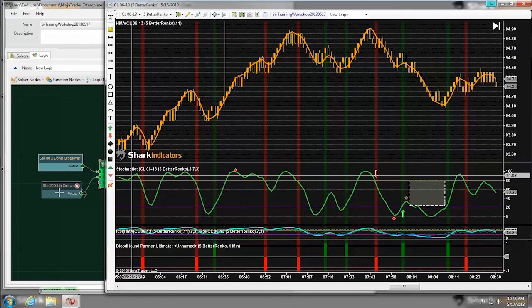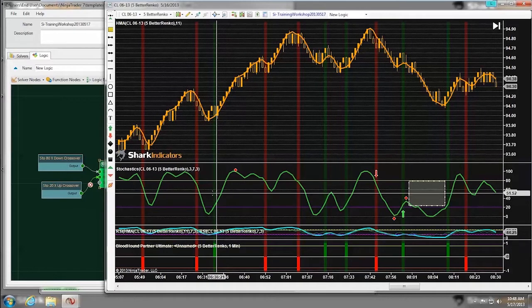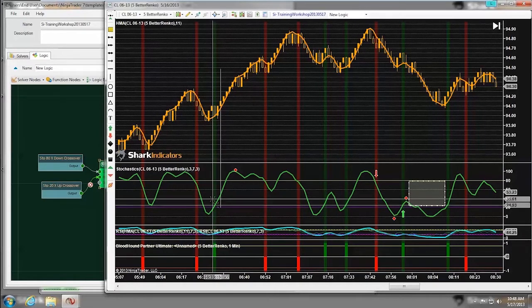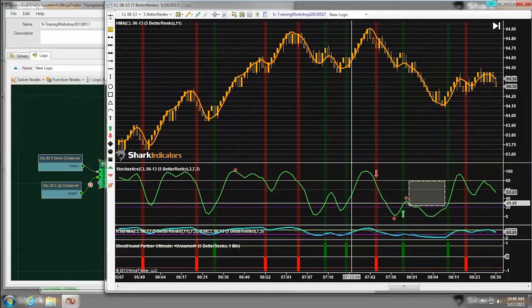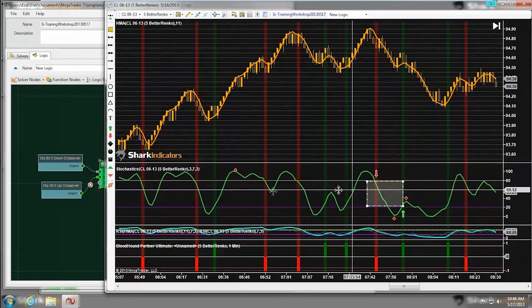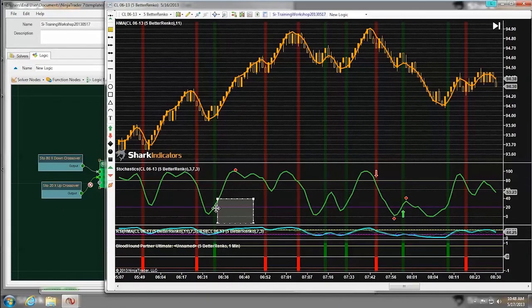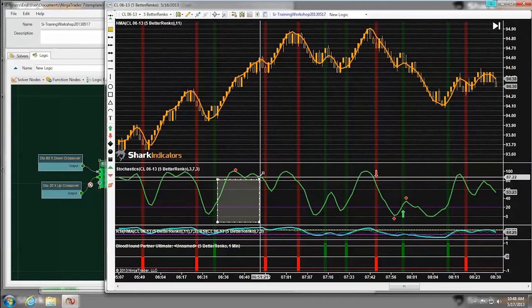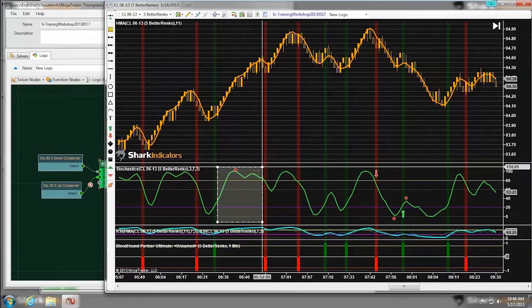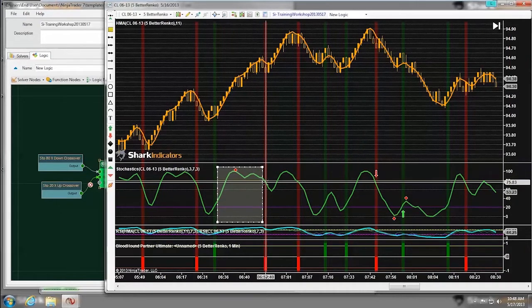All right, so the next step is to fill in this whole no man's land object here. I want to fill in this whole area with a long bias until we get this short trigger, right?